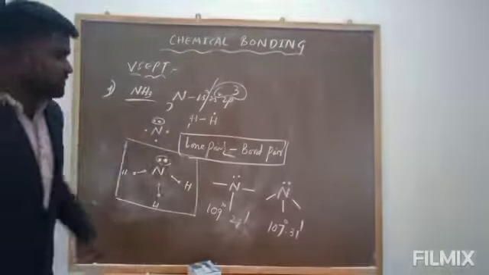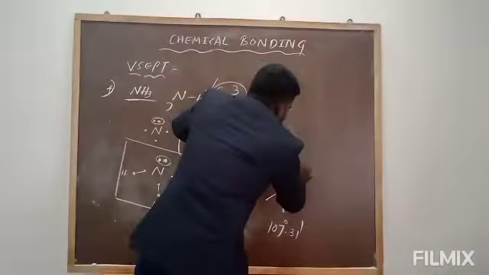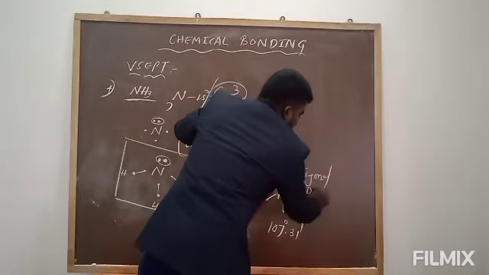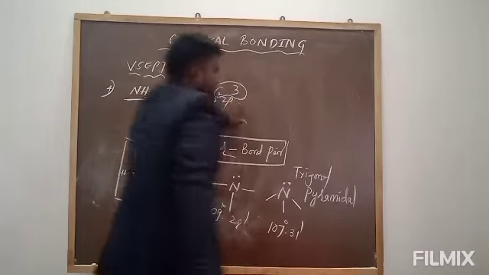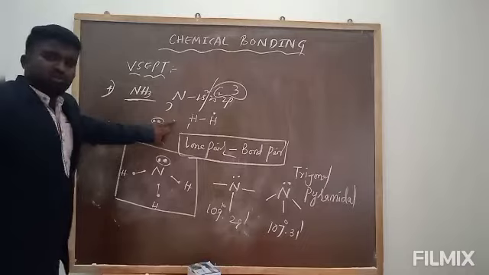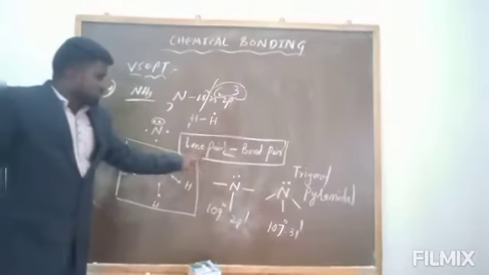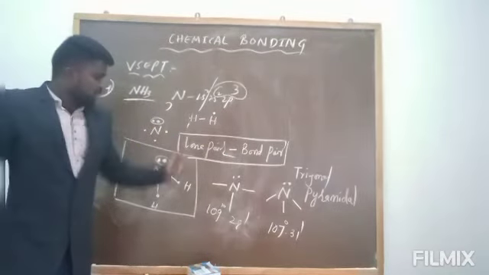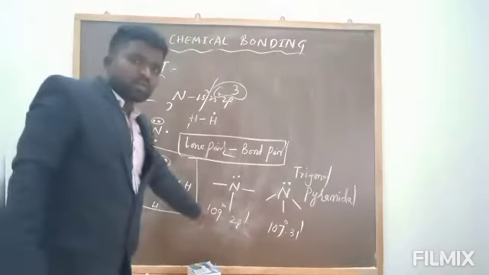So what is the shape of this ammonia molecule after repulsion? Trigonal pyramidal shape. So in this ammonia molecule, you have noticed the type of repulsion is lone pair and bond pair, because the lone pair is present on nitrogen and the bond pairs are present with hydrogen.